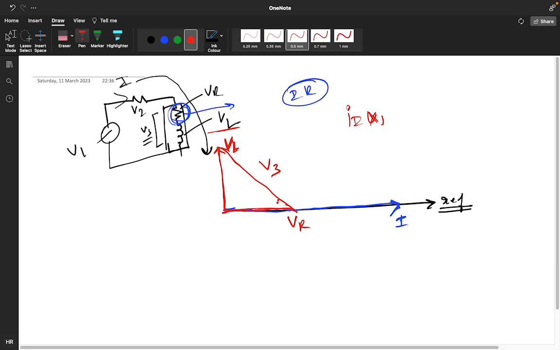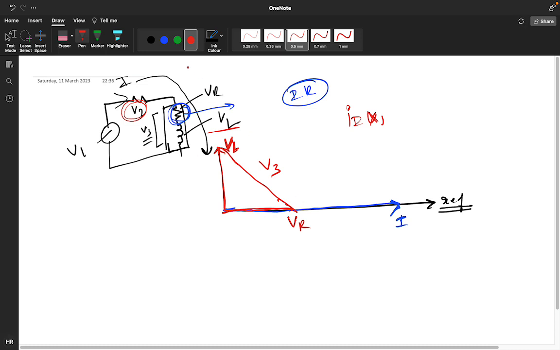Yeah. Okay. Now can anyone tell me, we are getting a V2 part, I into V2. So where will V2 lie? V2 will also lie somewhere, na? Suppose I am taking V2, because this is the resistor part.